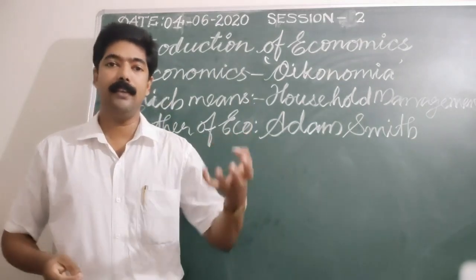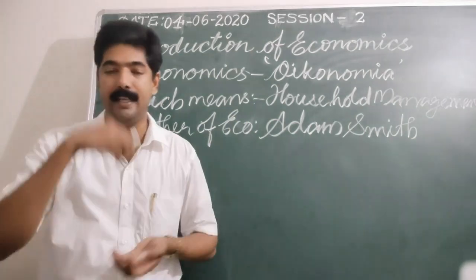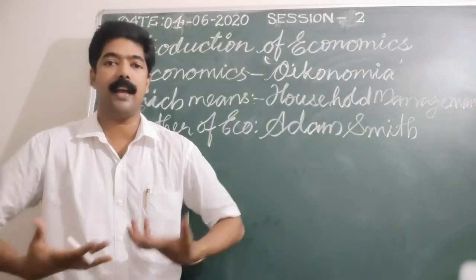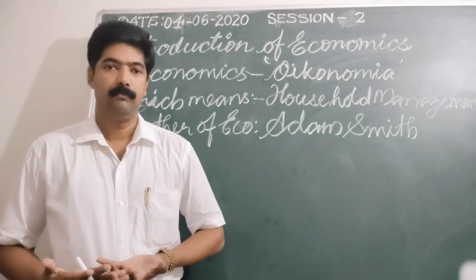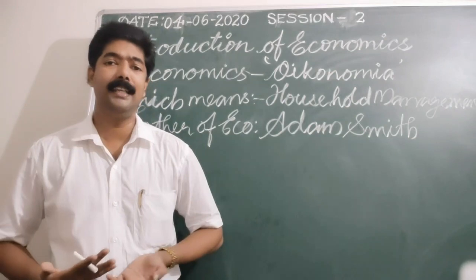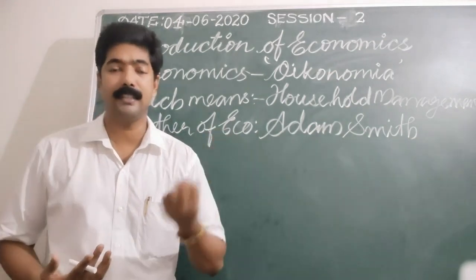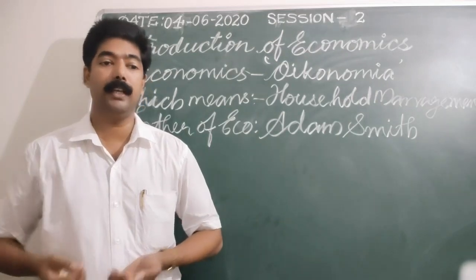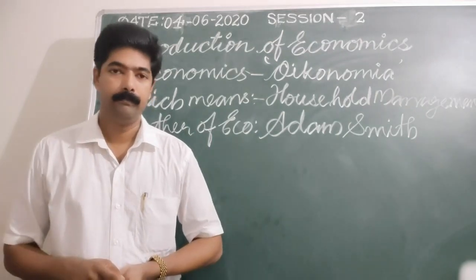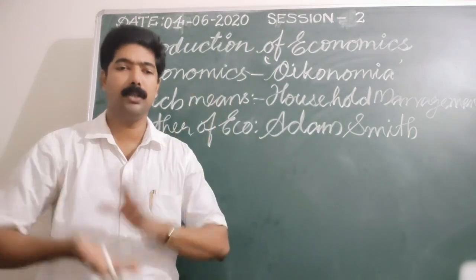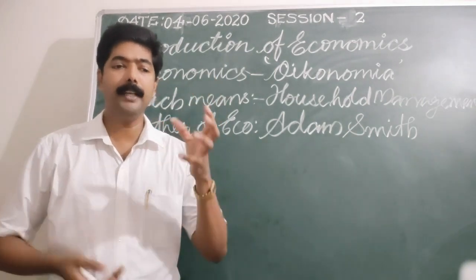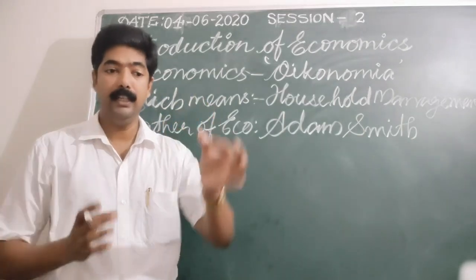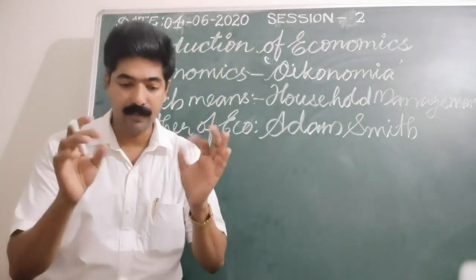The goods and services are purchased and utilized. We consume them and get satisfaction. We satisfy our wants and needs with goods and services by earning money from economic activities. So I have told you clearly: economics is a social science which deals with human wants and their satisfaction.